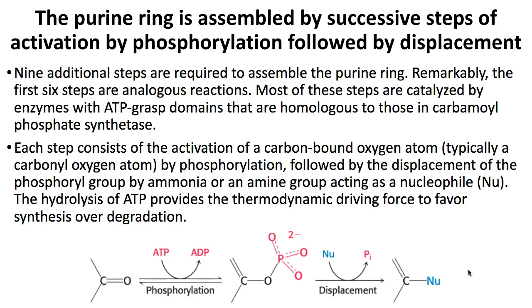And so further building that purine ring, this assembly involves 9 additional steps to form this purine ring, and most of the steps will involve this type of reaction that is listed here at the bottom, where you have a carbonyl and you have a phosphorylation that's happening with ATP, where it attaches a phosphoryl group, and then from there you have a nucleophile that ends up displacing that phosphate group and you end up having your nucleophile attached.